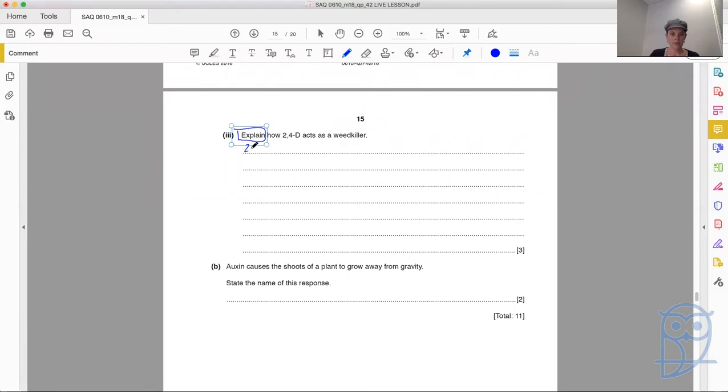So 2,4-D is absorbed by broad-leaved weeds, but not by narrow-leaved crops.